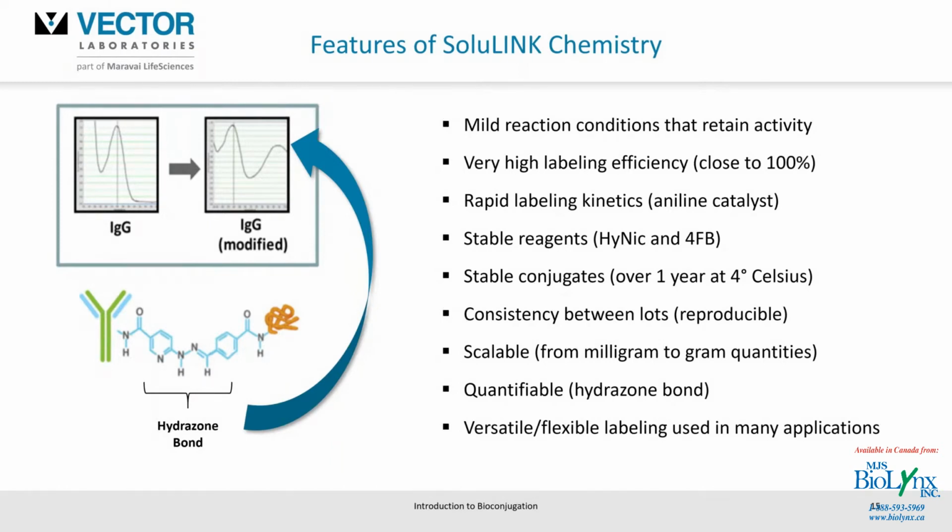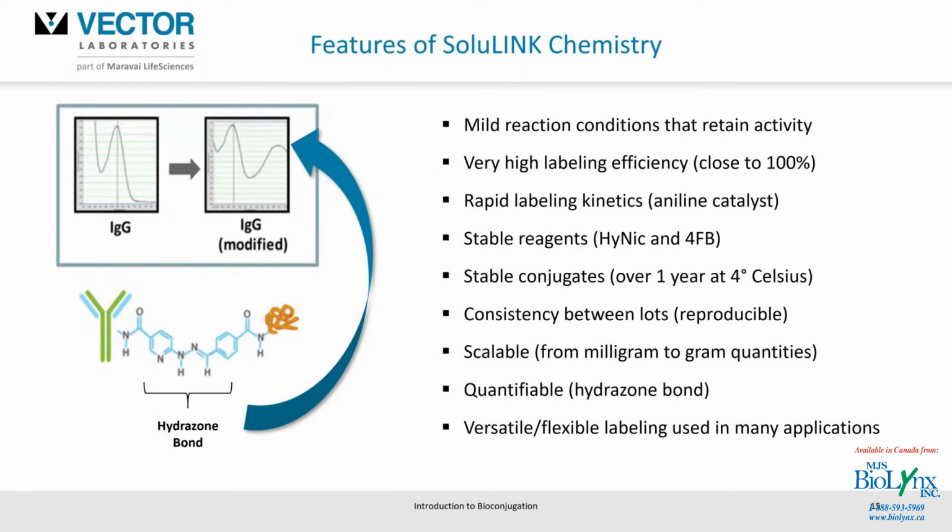So you really want a high efficiency labeling methodology, which this is. You also want it to work relatively quickly. You don't want to be sitting around for hours to have the linkage occur. So indeed, Solulink chemistry incorporates a catalyst called aniline, which drives the reaction very quickly to form that conjugation.